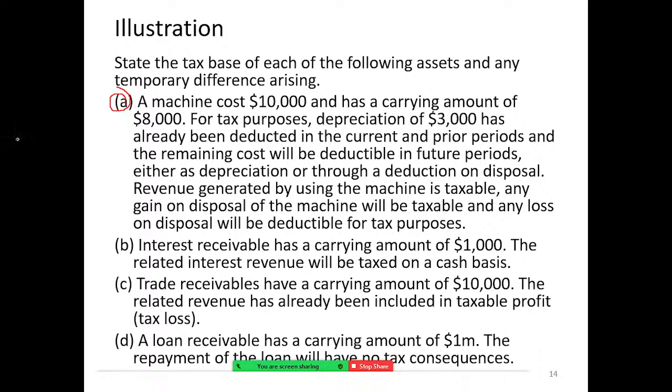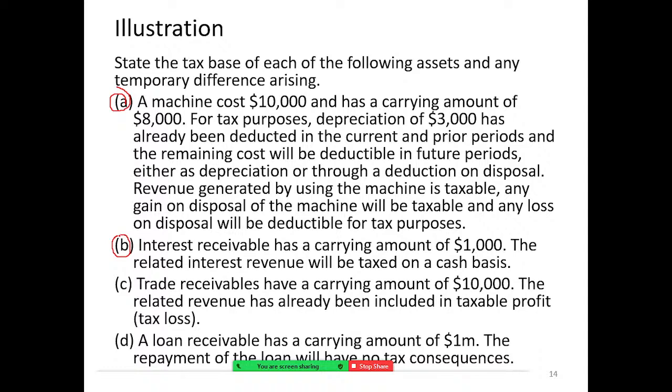Right. Second one. Interest receivable. Is interest receivable an asset or liability? Asset, right. Interest receivable has a carrying amount of 1,000. The related interest revenue will be taxed on cash basis.